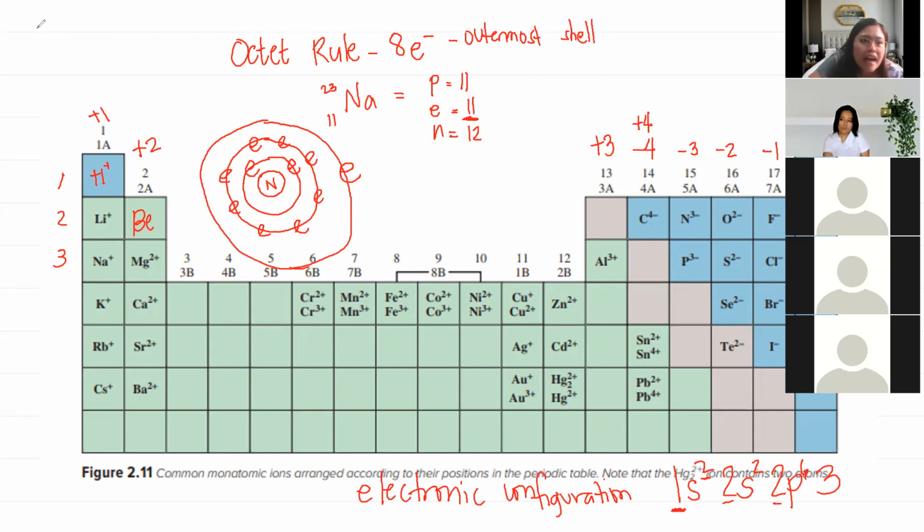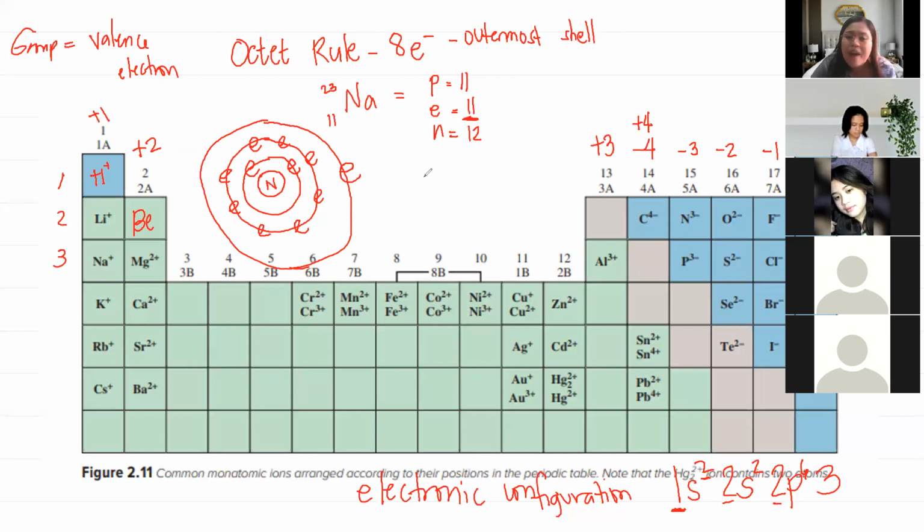Because the group represents the valence electrons, or the electrons in the outermost shell. So if it has just one electron in its outermost shell, is sodium stable or not? Unstable. Why isn't it stable? It has too much, ma'am.